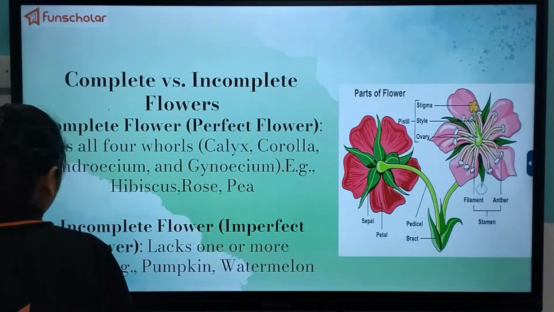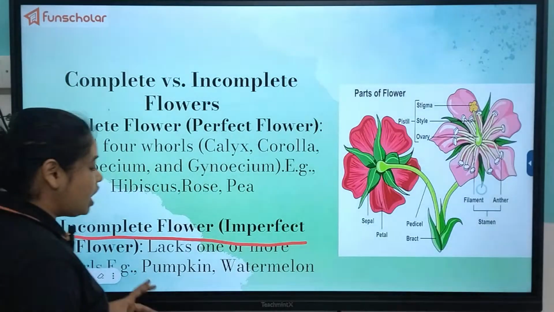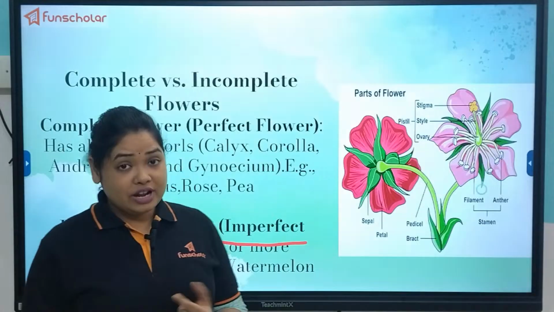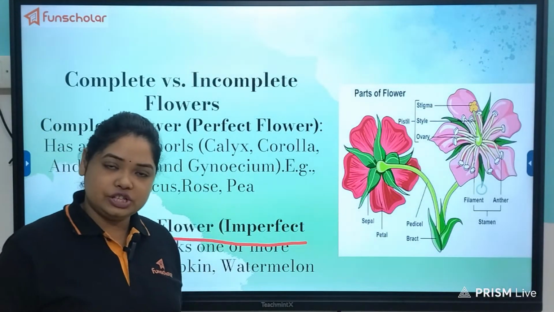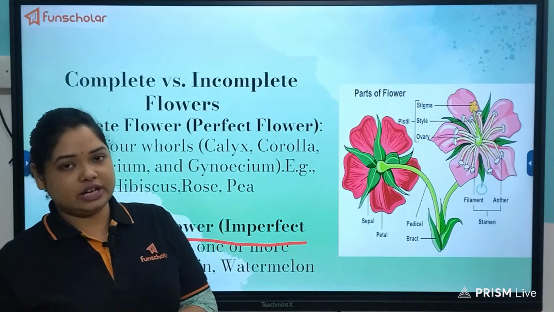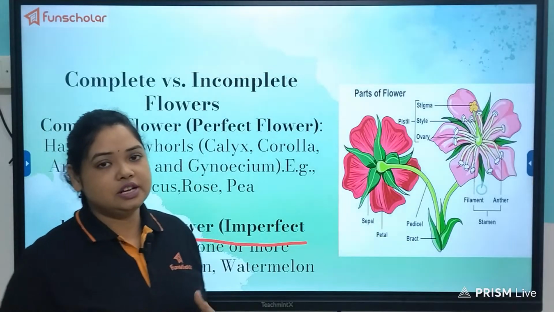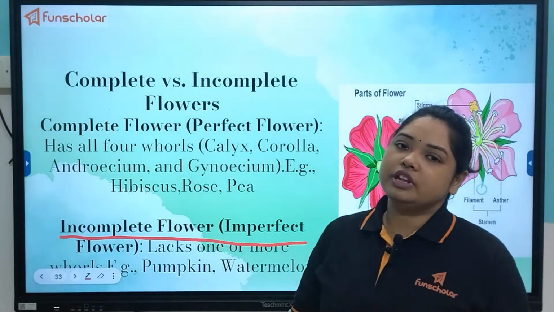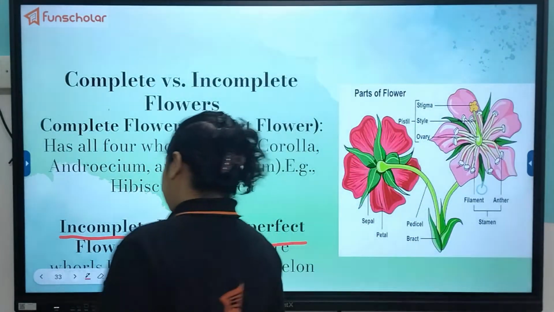But in case of incomplete or imperfect flower, either one or more than one whorl will be absent. For example, either there will be no gynoecium or no androecium, or the calyx will be absent, or the androecium and the corolla will be absent. So it will lack either one or more than one whorl. That is why it is not complete or it is not perfect.